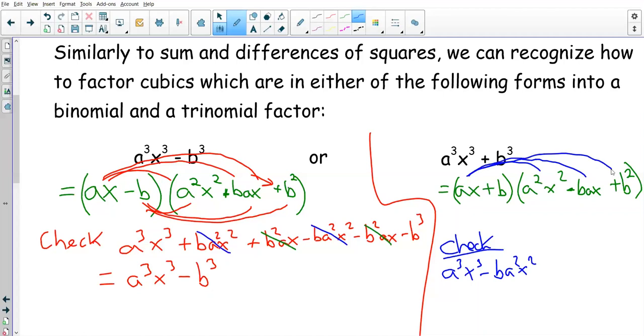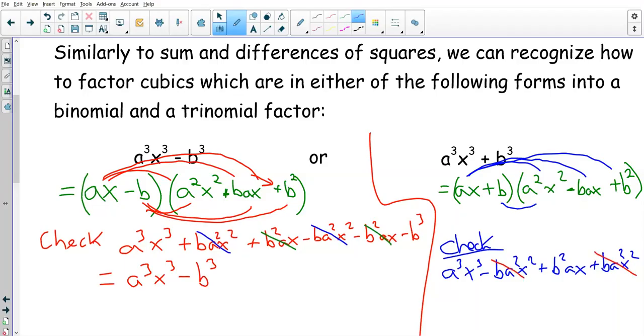Ax times positive b squared gives me b squared times ax. B times a squared x squared gives me b times a squared x squared. And I can see that those two terms are canceling out.